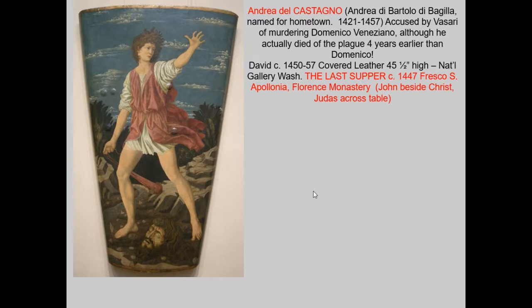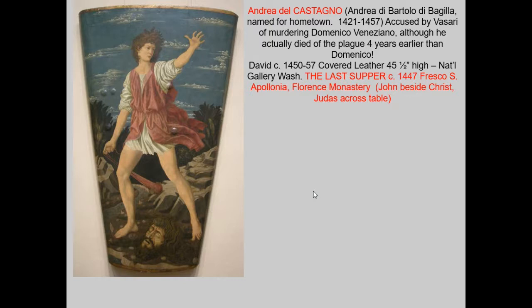Now, when you think of David in the Renaissance, you probably think of Michelangelo's statue, which is of a much older, more muscular and nude figure. But most of the depictions of David in the early Renaissance in Florence really emphasize the more literal, direct interpretation of the story. David's actually quite young when he has this confrontation with the giant Goliath.